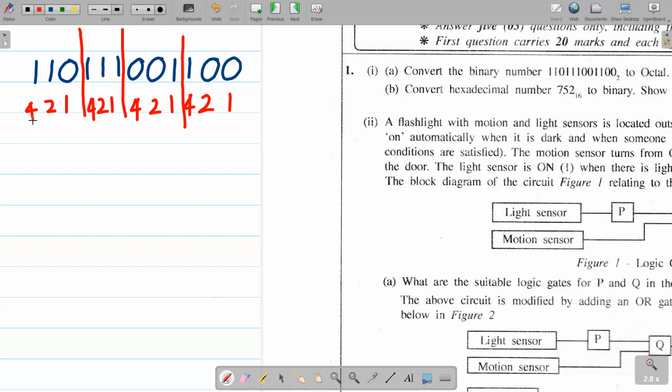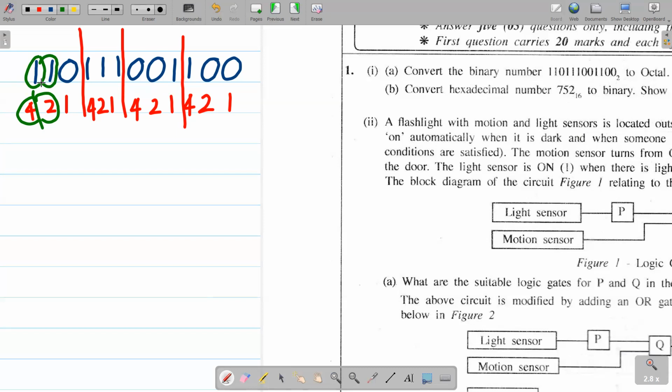Right? So when you look at the representation of this particular binary number, we are going to add this 4 plus this 2, because they have ones at the top, and zeros will be disregarded.